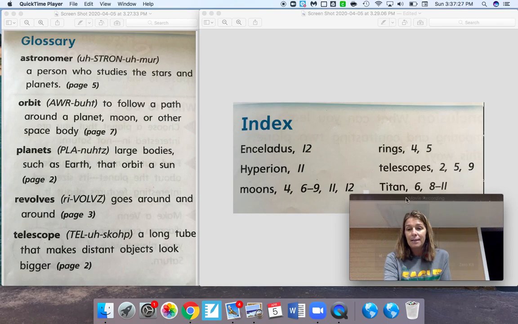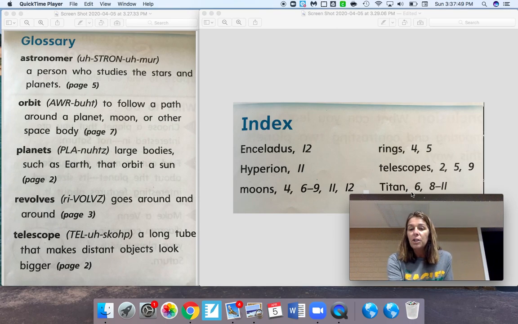Notice Titan. I would challenge you, once we're done today, to look up Titan and what it has to do with Saturn. I'm not going to tell you. If you do look it up and find it out, feel free to either email me, because now you know how to use email, or put it in the stream. I'd be curious what you find out about Titan.